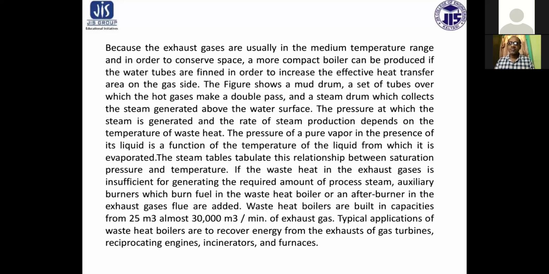Waste heat boilers are built in capacities from 25 meter cube to almost 30,000 meter cube per minute of exhaust gas. Typical applications of the waste heat boilers are to recover energy from the exhaust gas of turbines, reciprocating engines, incinerators, and furnaces. These are the areas, and it is extensively used in industrial processes.